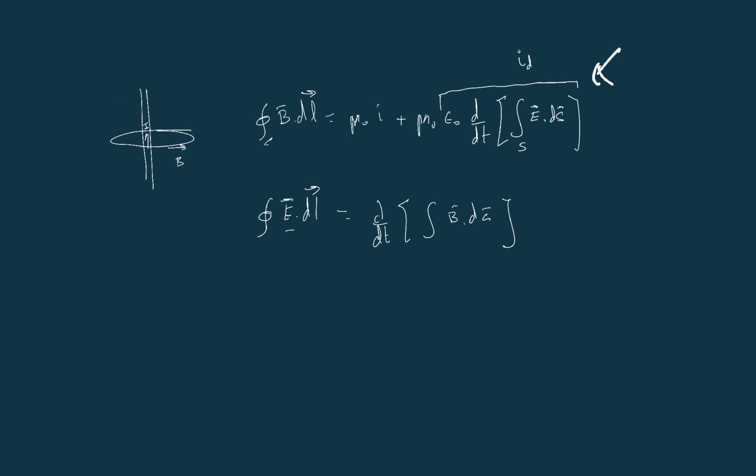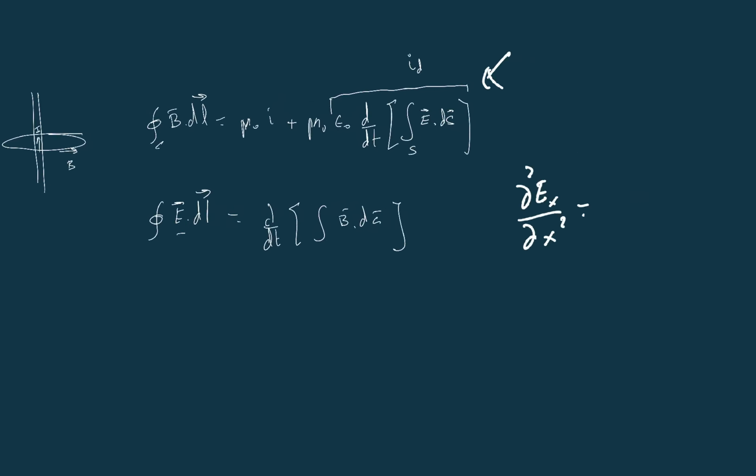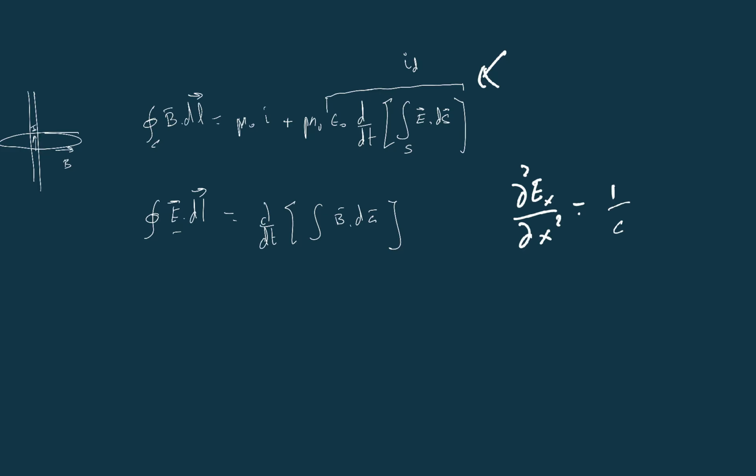And my wave equation will say like this: the second derivative of E sub x, the component x, with respect to x, equals 1 divided by c squared times the second derivative of E sub x with respect to time.